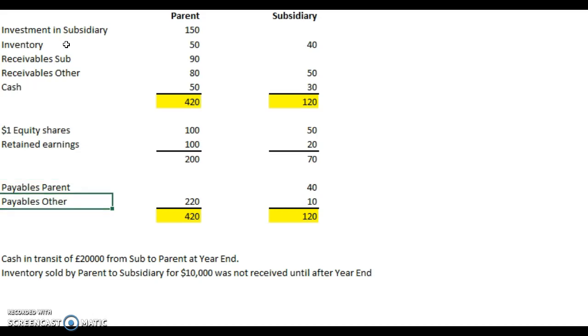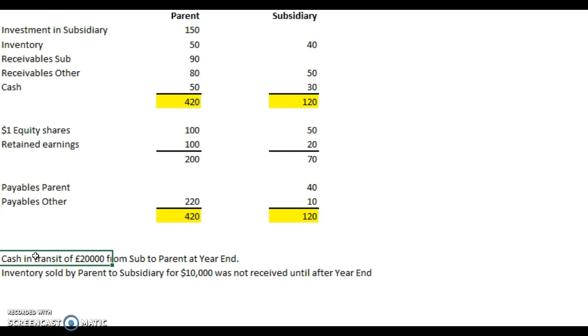And what we're going to do here, we're looking at inter-entity transactions and also transactions that happen over the year end. So if there's cash in transit or goods in transit, they'll be appearing on the balance sheet of one entity but not the other.